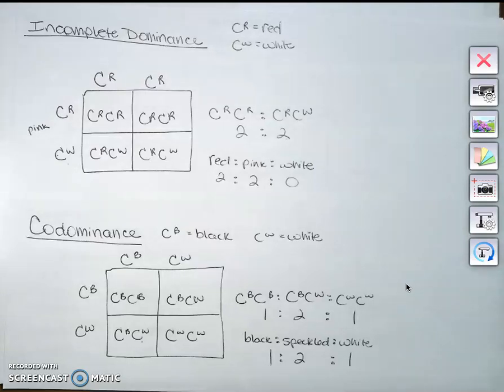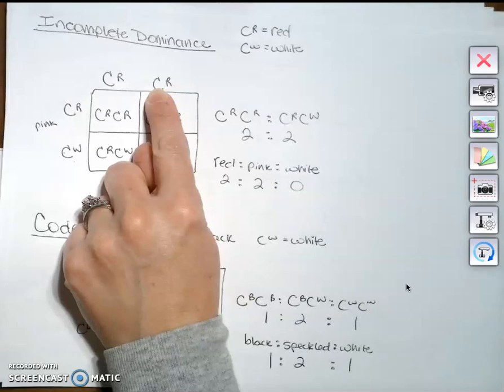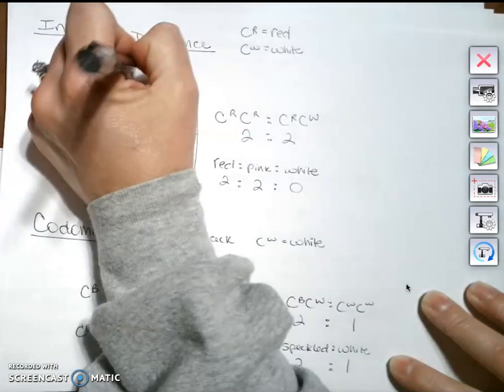And what this is going to look like is the red says, well, I don't really want to be dominant, and the white says, well, I don't really want to be dominant either. And they say, well, okay, why don't we just split the difference? Why don't we compromise? And so this is looking at flowers. There's other examples too. This is just the most famous, common example. But in these flowers, if they have two CR genes, this would be a red parent.